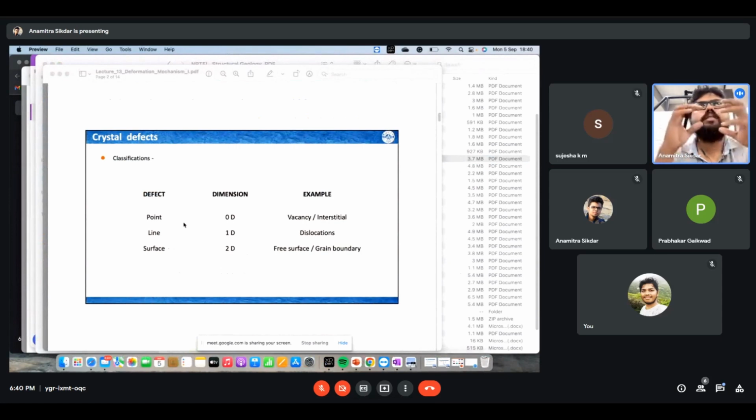If you are missing one atom in a lattice, that will be termed a vacancy. And if you have something present which is not supposed to be there, that will be called an interstitial. In the case of a line defect, suppose you have point defects in a three-dimensional array, and those point defects are aligned along a particular line. That line preferably is one of the crystal axes, or maybe not, because sometimes you may have a line defect which is not exactly the crystallographic axis of the crystal.